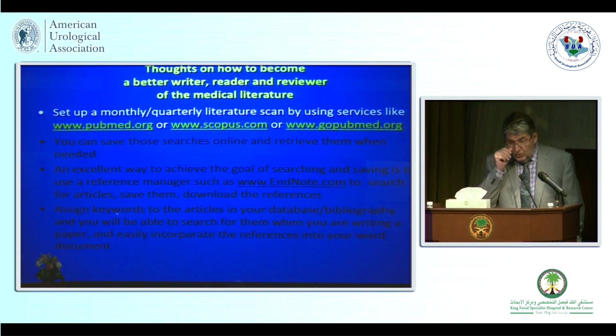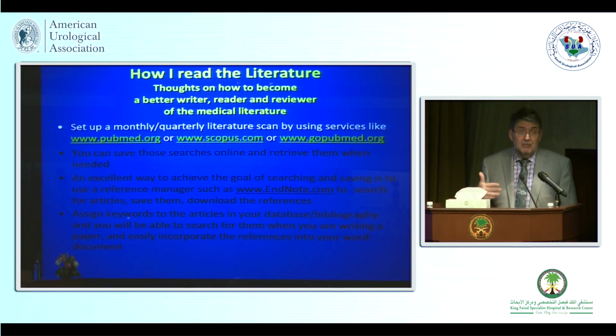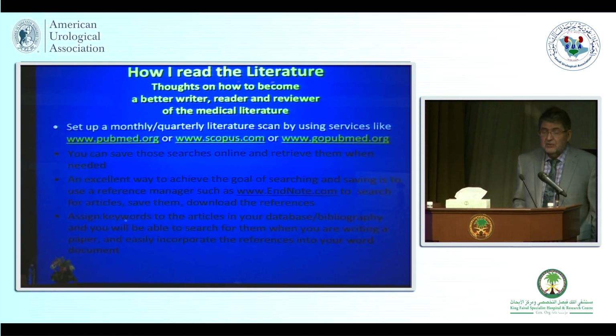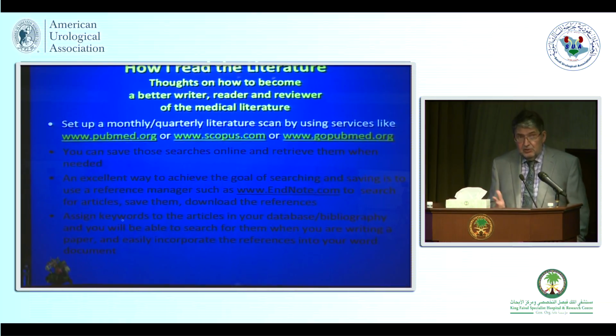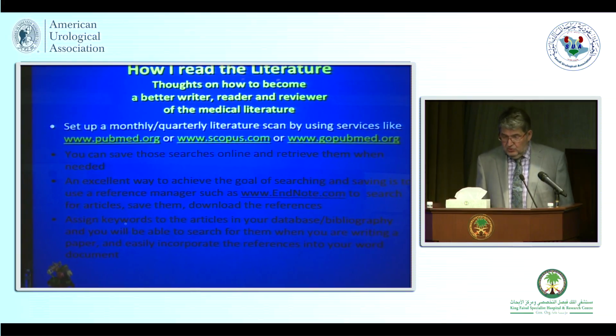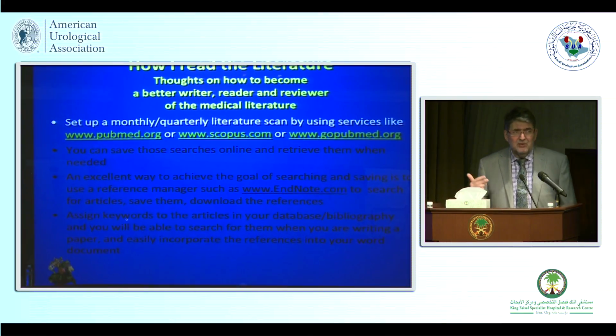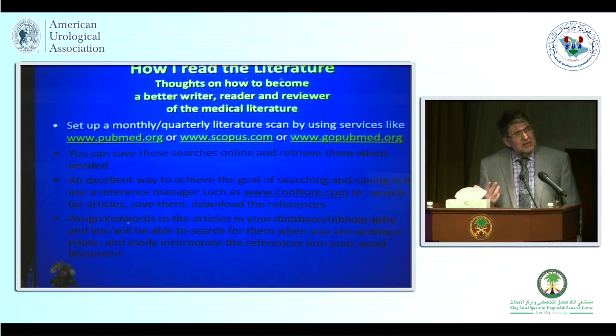So what I do, and what I recommend my residents, faculty and fellows do, is to set up literature searches, and I'm sure many of you are familiar with it. You can do it through Scopus or PubMed or GoPubMed or Google Scholar or many of these services.